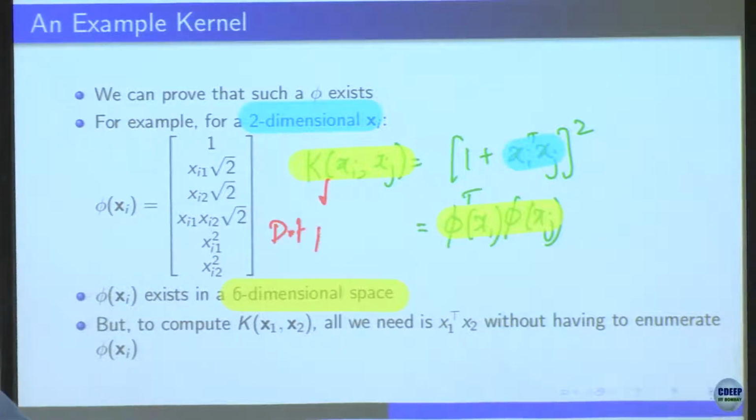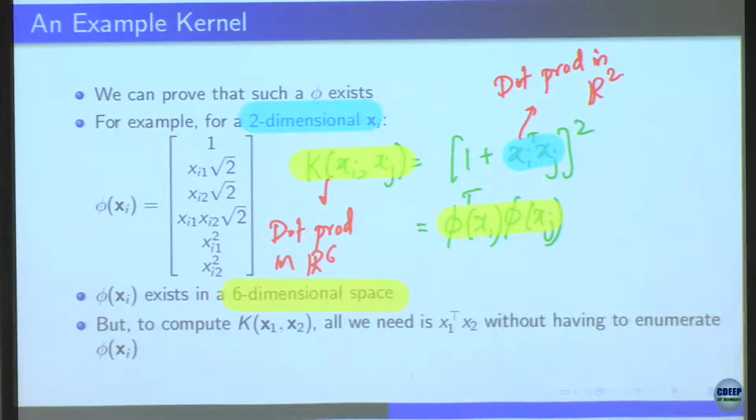So this is a dot product in R6, and this xi xj is a dot product in R2. So this is the idea of kernel, that you can have dot products in lower dimensional spaces translated or projected into dot products in higher dimensional spaces.